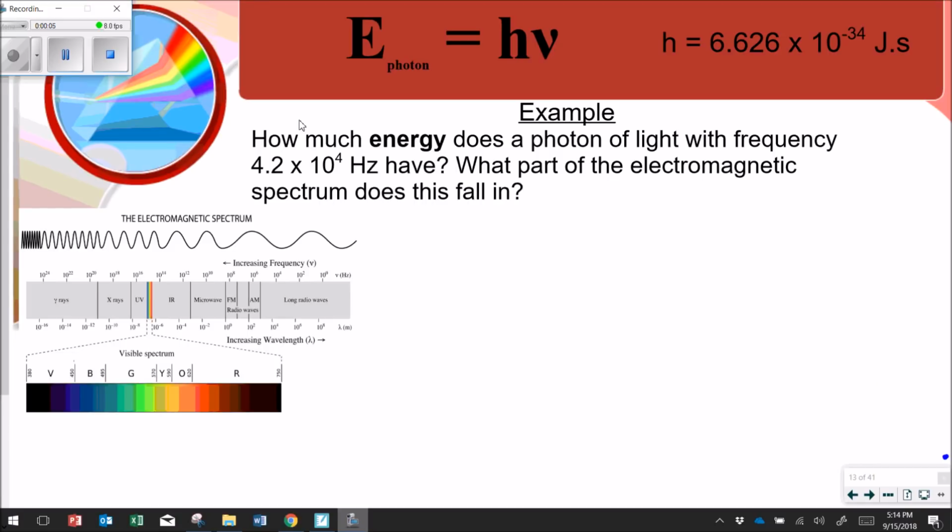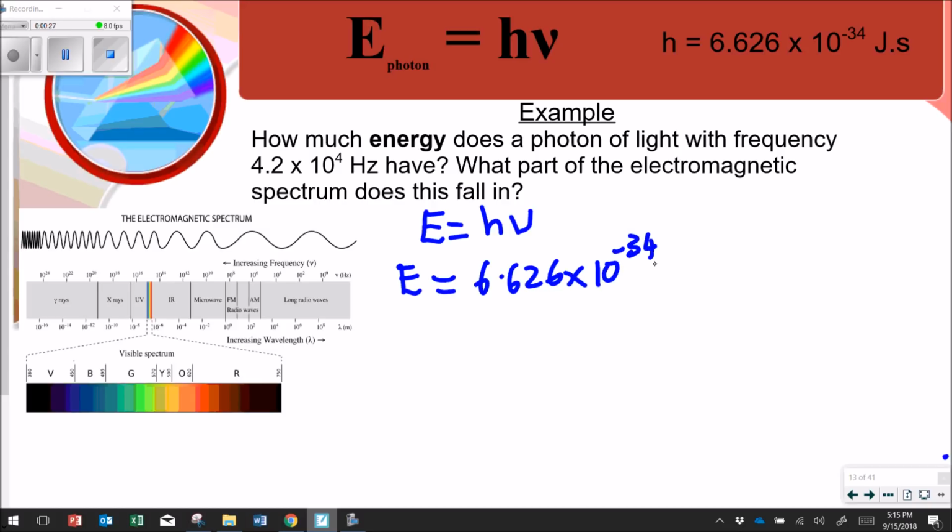Let's practice. How much energy does a photon of light with a frequency of 4.2 times 10 to the 4 hertz have? So we write our equation. E equals h times v, or Planck's constant times frequency. So E, which is the energy, equals 6.626 times 10 to the negative 34 times the frequency, 4.2 times 10 to the 4.